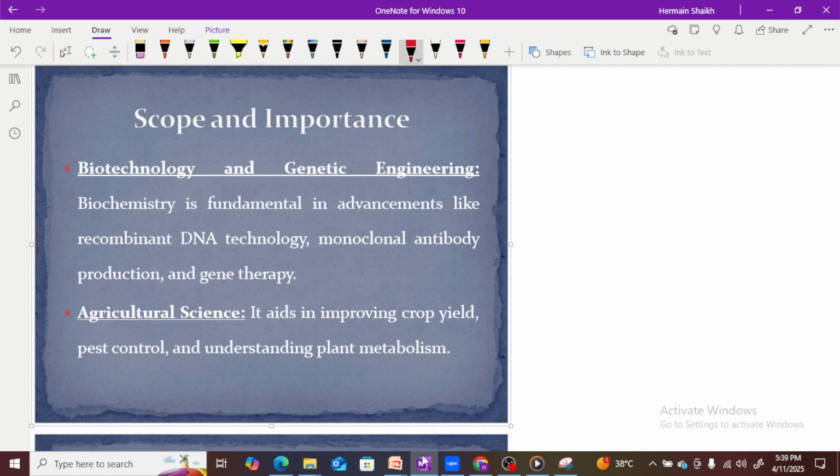Then biotechnology and genetic engineering: biochemistry is fundamental in advancements like recombinant DNA technology, monoclonal antibody production, and gene therapy. Next is agricultural science, which aids in improving crop yield, pest control, and understanding plant metabolism.